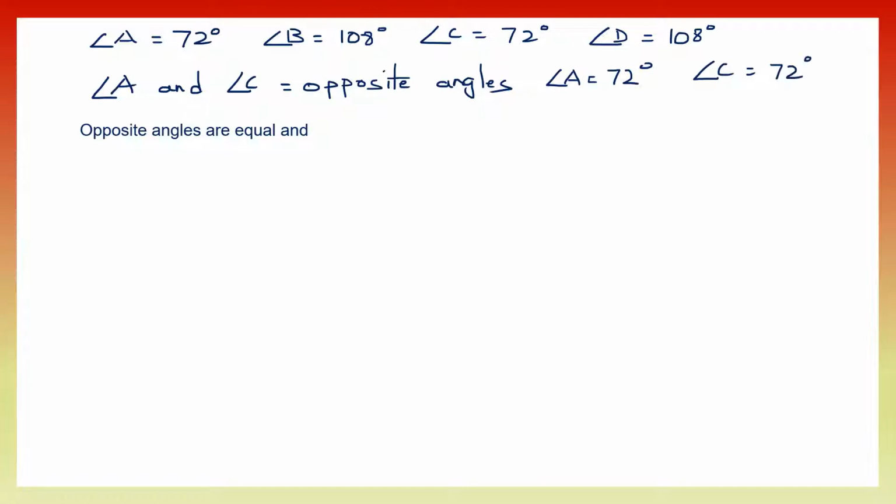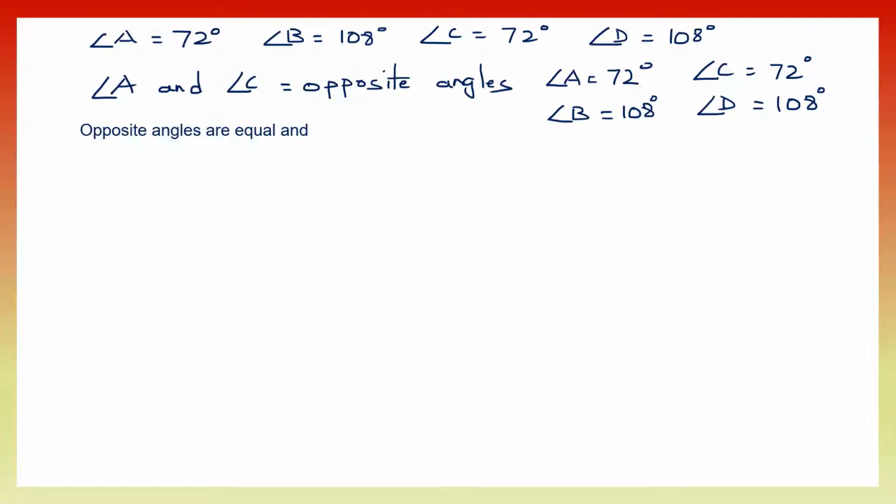So the opposite angles are equal. Similarly, if you look at angle B and angle D, they are also equal. So they are opposite angles. Angle B is equal to 108 degrees and angle D is equal to 108 degrees. So the first part has been satisfied. The first part of the condition to show that this quadrilateral is a parallelogram is satisfied. That means opposite angles should be equal.